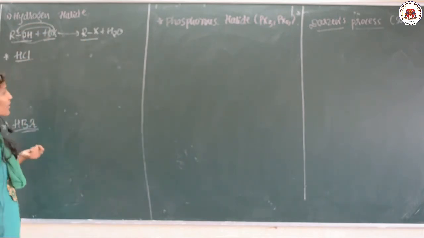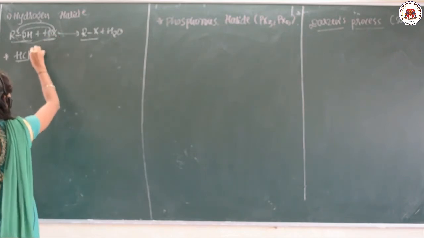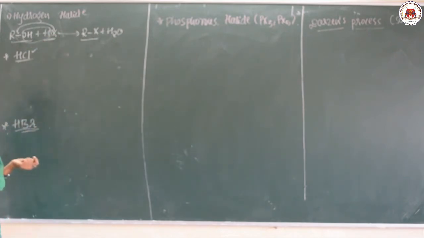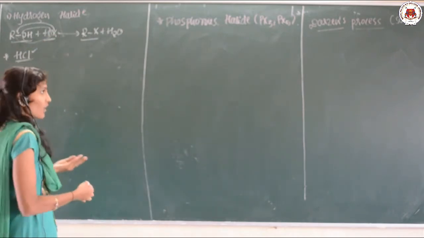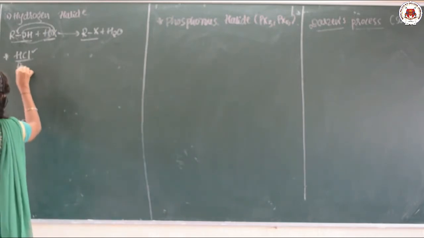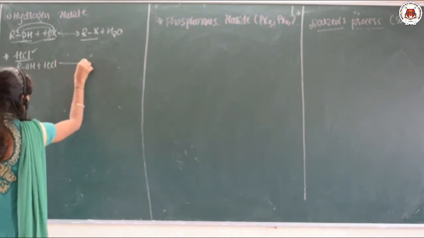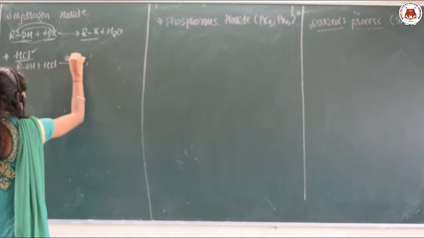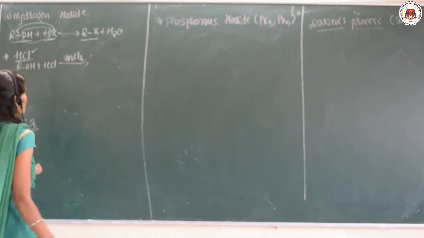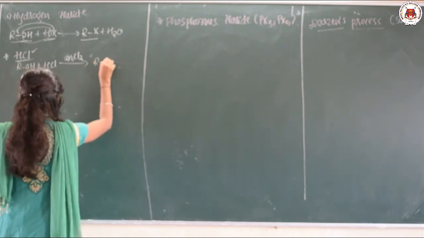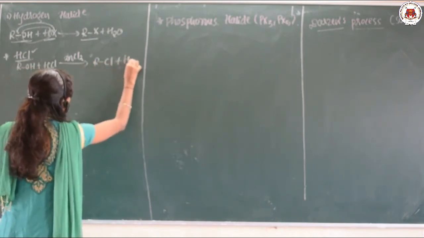So first, hydrogen halide, that is HX, I am taking as HCl. Let me take ROH generally plus HCl in presence of a catalyst like zinc chloride, you are going to get RCl plus H2O.